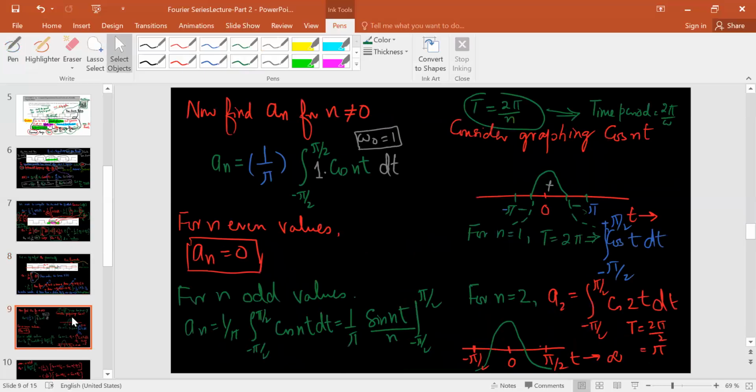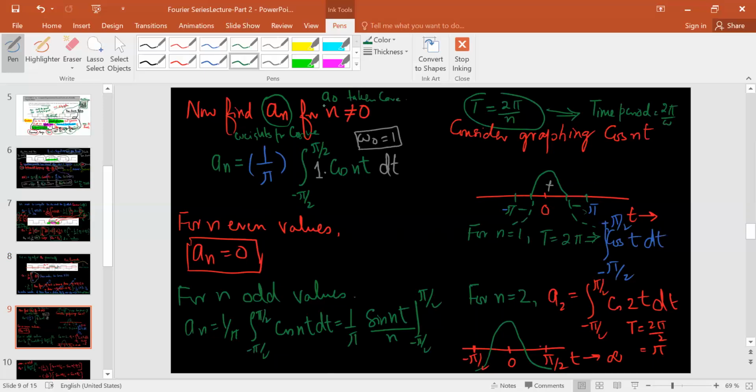Okay. Now let's look into trying to find the weights for the cosine terms. The a naught is the weight for the cosine term. But keep in mind, we are not considering n equal to 0, because a naught we have already taken care of.